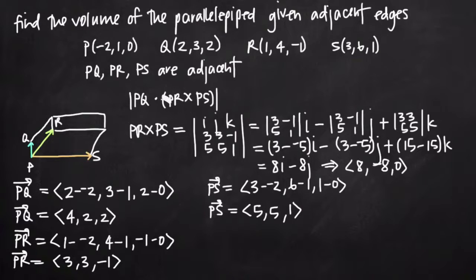Now, if we want to find the dot product of PQ and our result, which was the cross product, remember to take a dot product, we multiply the corresponding components of our two vectors. So we take the x component 4 and multiply it by the x component over here, 8, so we get 4 times 8.